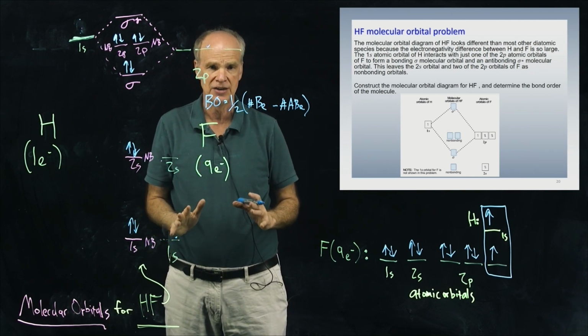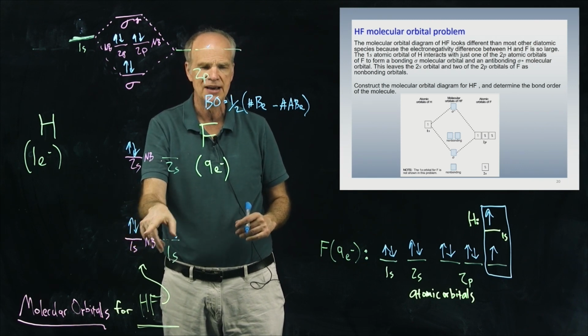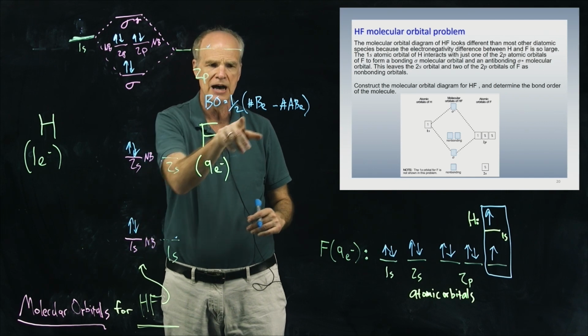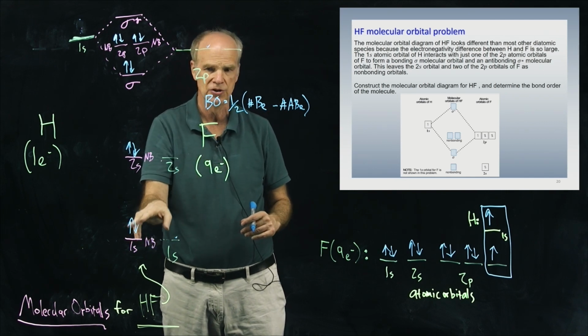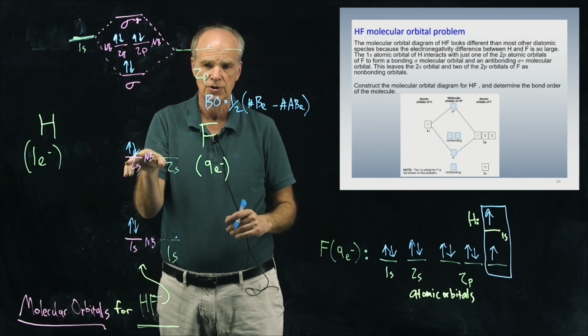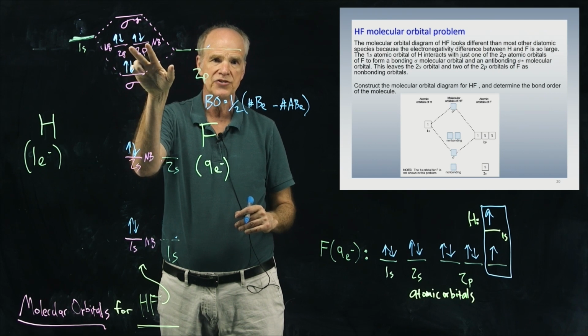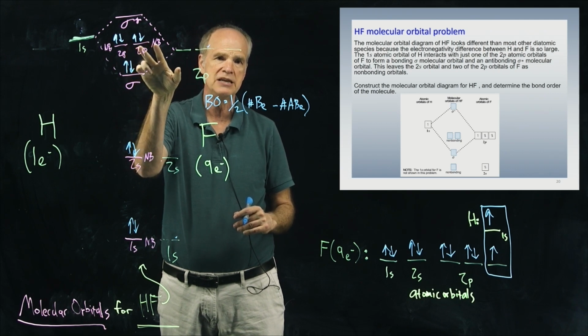Okay, so let's find those. All right. So here we have some electrons in this 1s non-bonding orbital. Non-bonding is not part of the equation, so we ignore those. We have some electrons here in the 2s non-bonding orbital. Again, we ignore those. And then we have 4 electrons in 2p non-bonding orbitals.